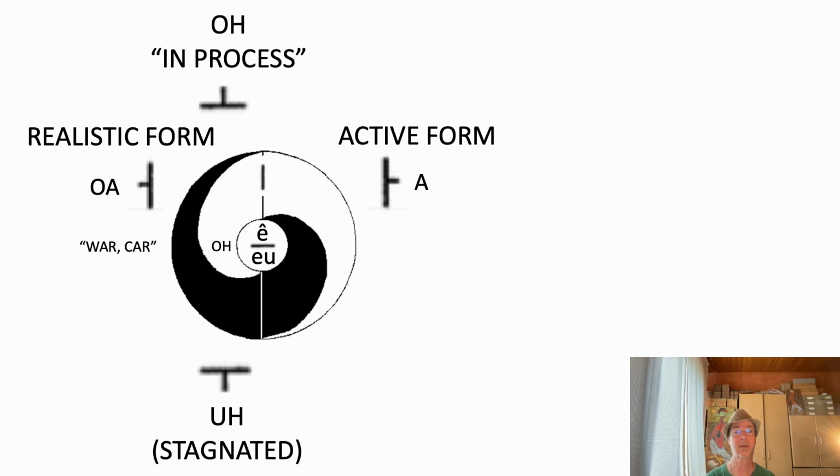The next steps: you have the active form, the "ah". You also have the realistic form, the "oh", like in "war" or "car". There is some variation between A and O, but if you adapt to what you need in reality, it is not the idealistic form, but more adapted, with more balance.